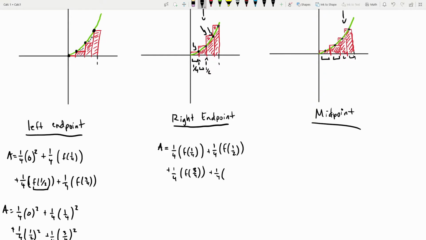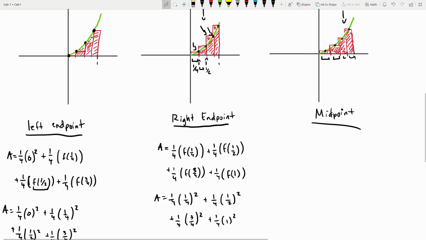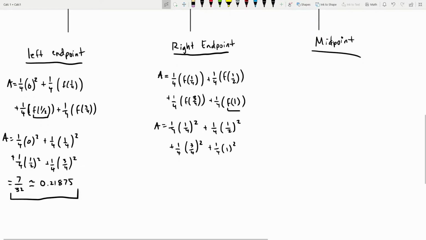And lastly, we are going to add the area of the last rectangle, which has a height of f at 1. Now let's go on to simplify this. So there we go. We've gotten rid of the function notation because we know that f of x is equal to x squared. We can just sub in this expression in place of the function notation.